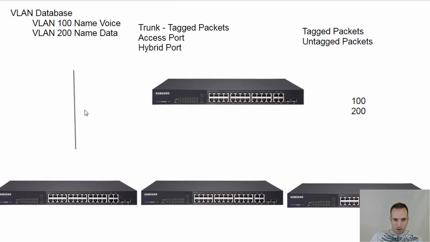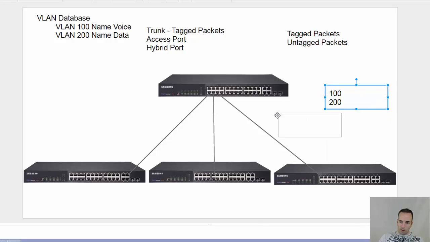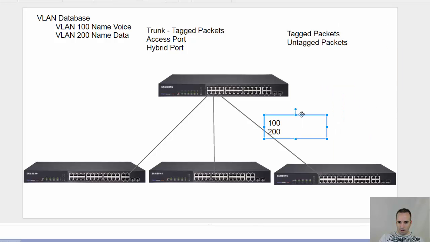What I do is I've got trunk ports set up between this switch and this switch, and then I've got another trunk port set up between this switch and this switch, and then one last trunk port set up between this switch and this switch. On these trunk ports, I'm passing data on both of my VLANs across one port.